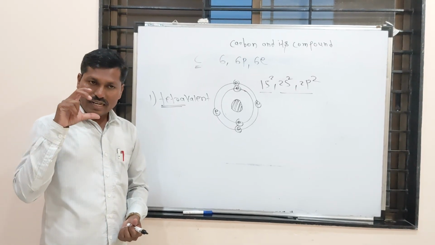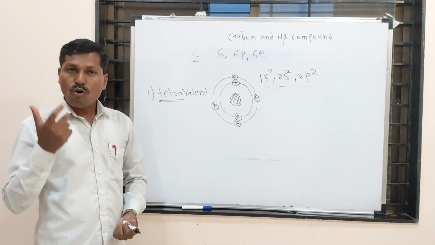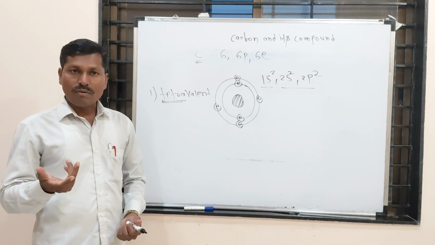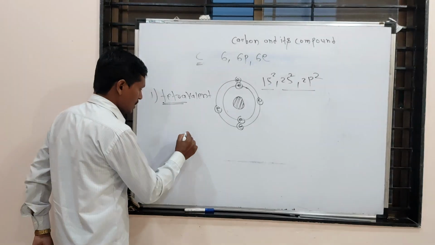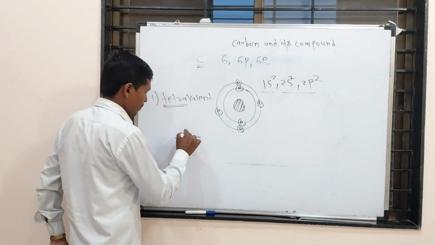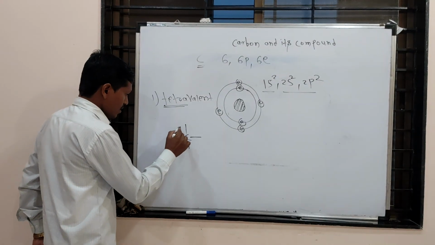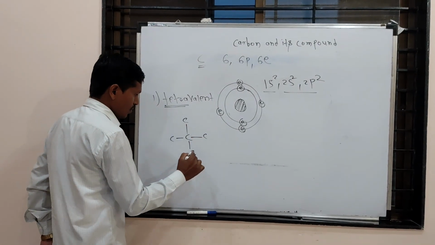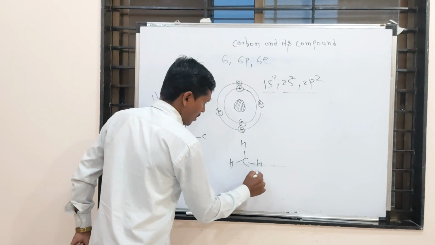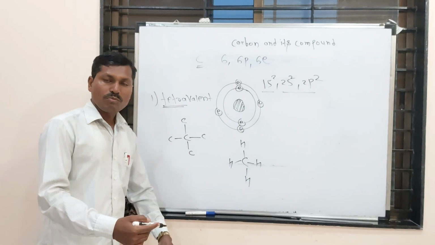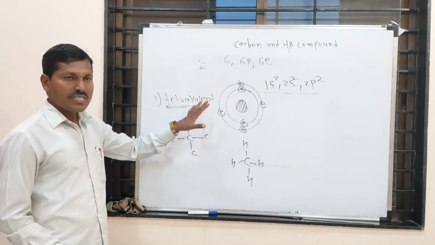And because of this tetravalent nature, carbon can make 4 bonds with other carbon atoms or with other different atoms. For example, you see, this is the carbon. It has the valency 4. So it can make a bond with another carbon atom or with atoms other than carbon.